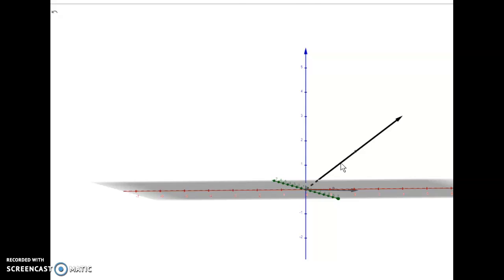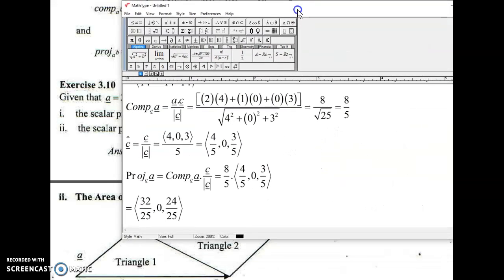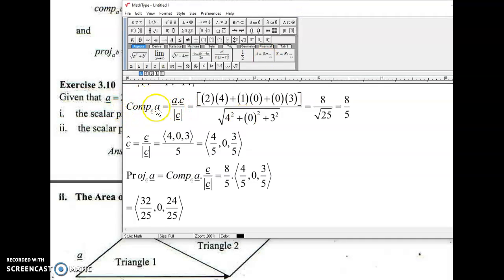Let's do the calculation. First, let's calculate the magnitude by dividing the dot product of A and C by the magnitude of C, where the projection is. This is what we get. The length or magnitude is 8 over 5.